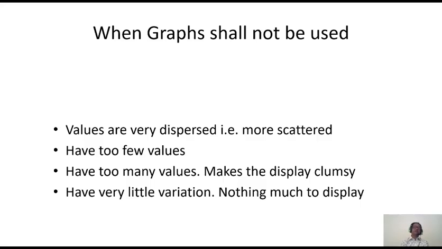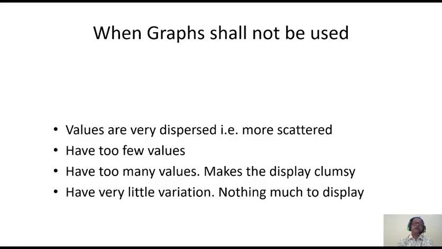For example, suppose I have asked a question to a large number of people, the answer to which is either yes or no. Now I want to represent them in a graph. An appropriate technique can be a pie diagram. So if you draw a pie diagram, you can actually tell how many people are telling yes, how many people are telling no out of the total number of people.